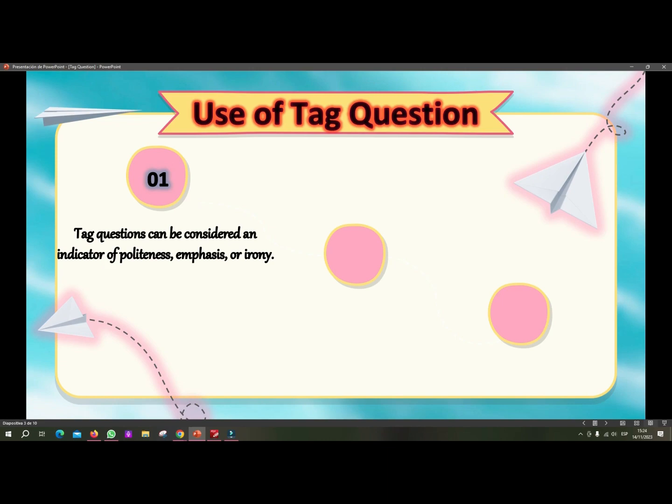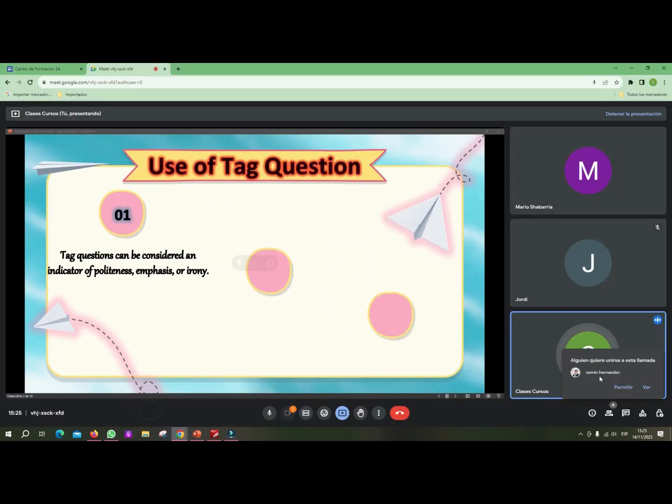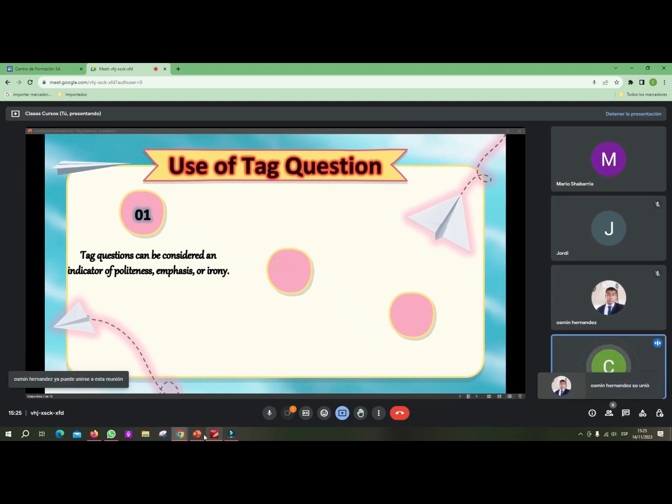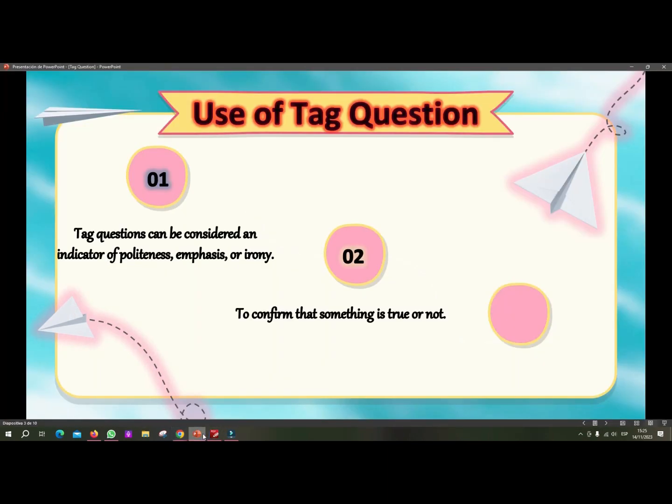Okay, so let's see the uses of tag questions. The first one: tag questions can be considered an indicator of politeness, emphasis, or irony, right? So, there you have the first use. Let's see the second one: to confirm that something is true or not.